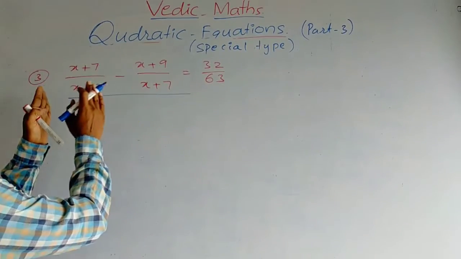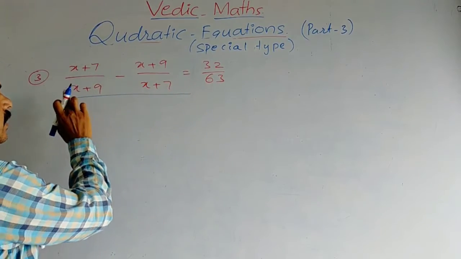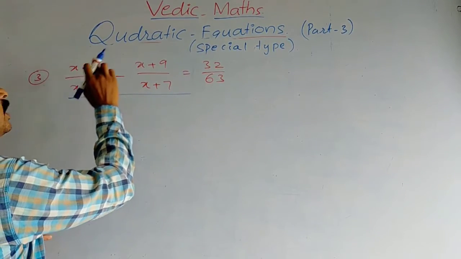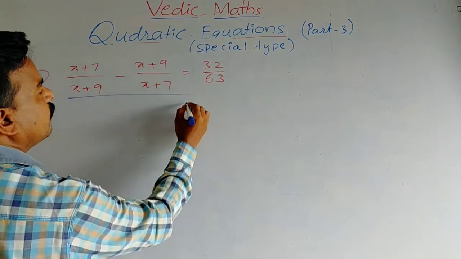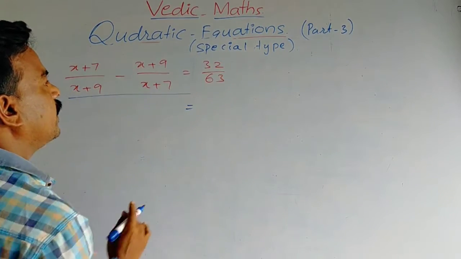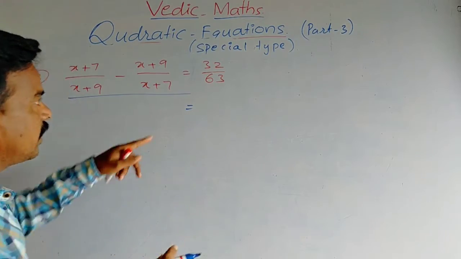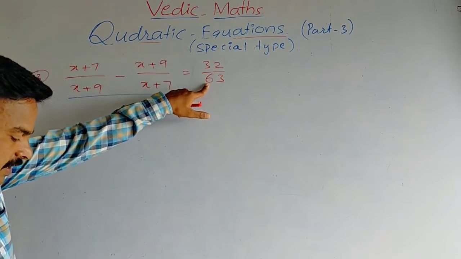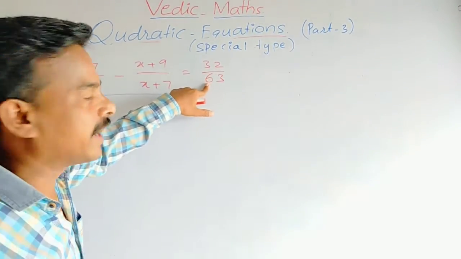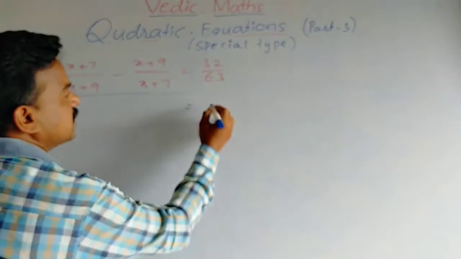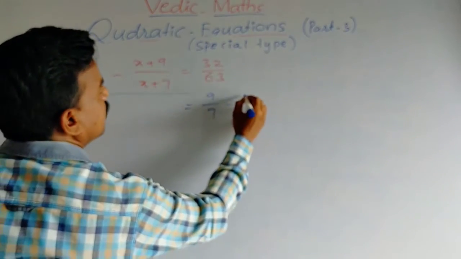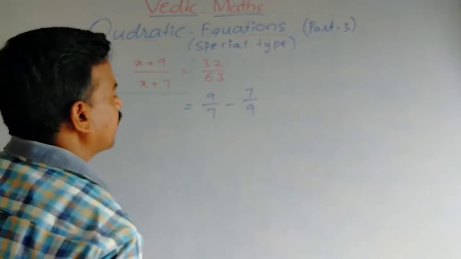That is, the left hand side is a difference of two reciprocals. So we have to change 32 by 63 into a difference of two reciprocals. How can we? This 63 we can write as 7 into 9. That's why we can write 9 by 7 minus 7 by 9.